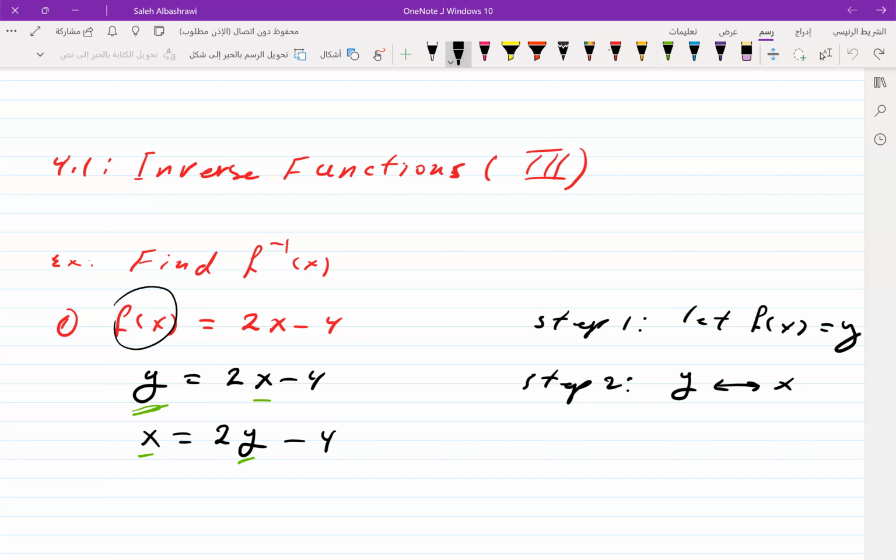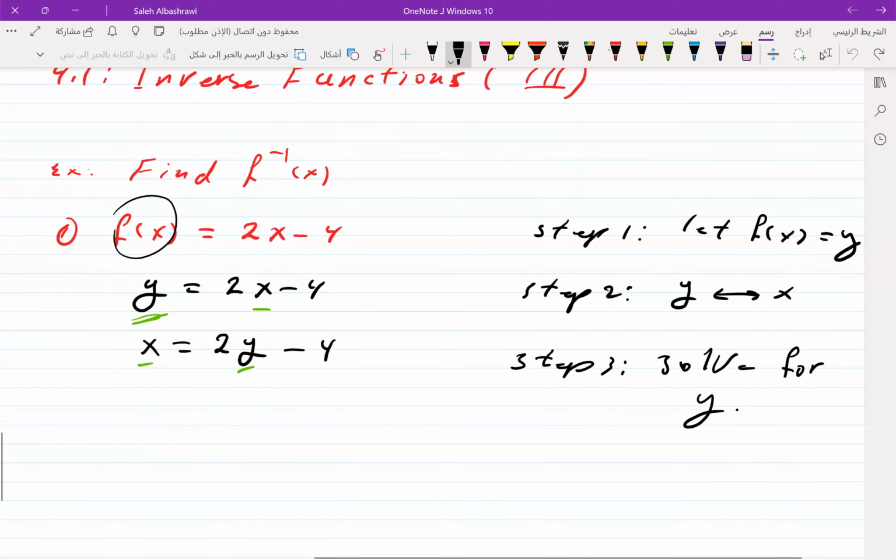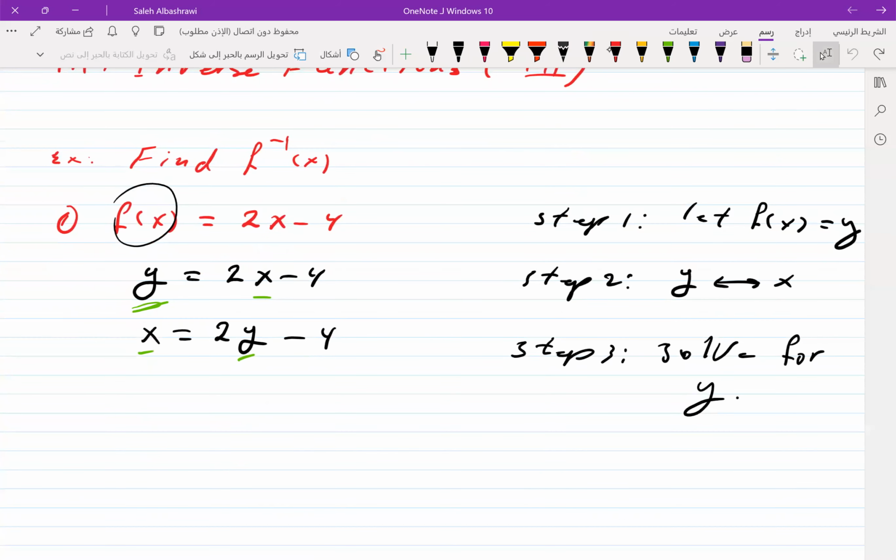Third step, step number 3: solve for y. Now I have this equation, x equal to 2y minus 4.